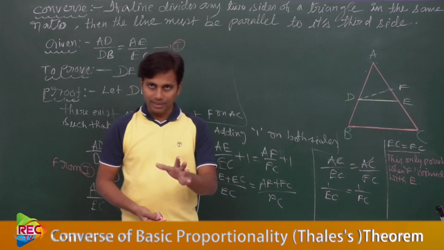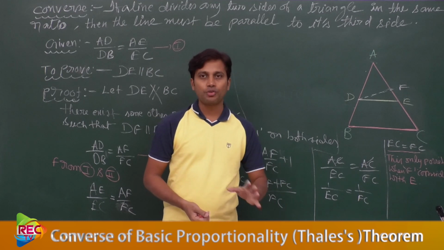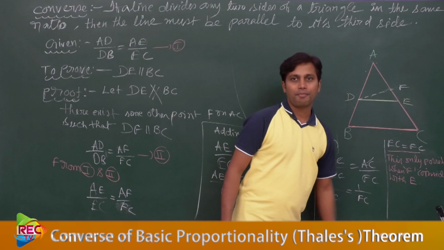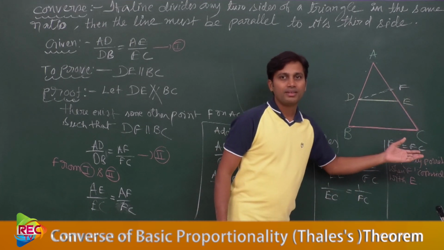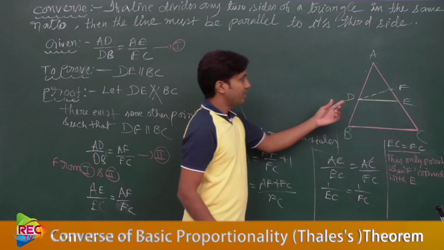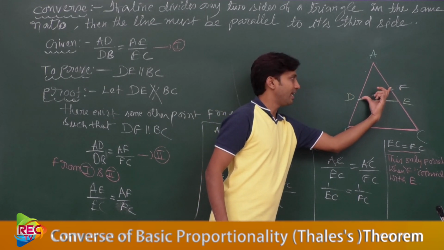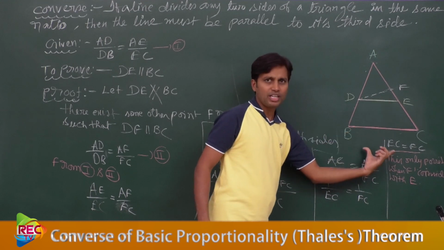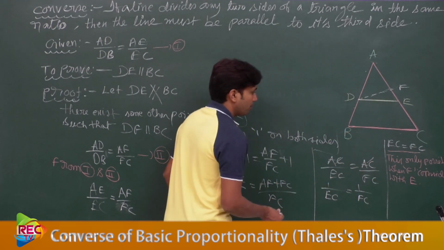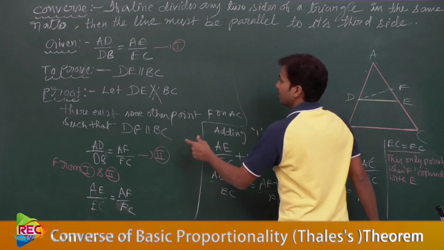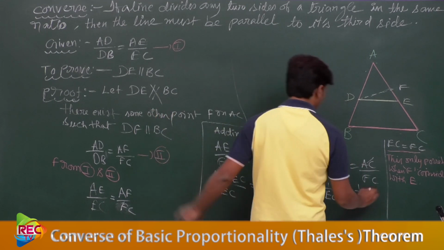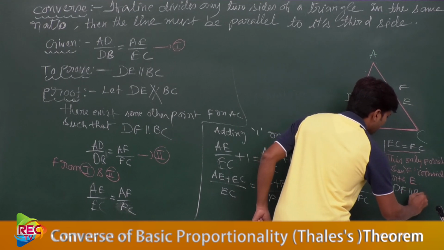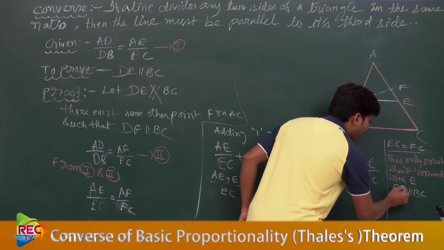When F equal to E, means F coincides with E, then only it is possible. That means F and E are same. When F and E are same, then what can we say? Because we took DF parallel to BC, that implies F equal to E, no?